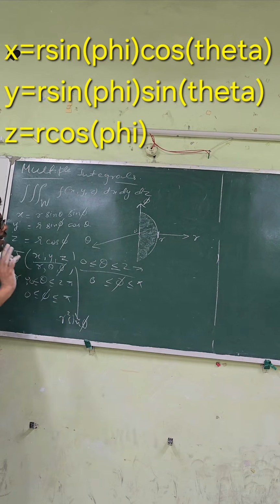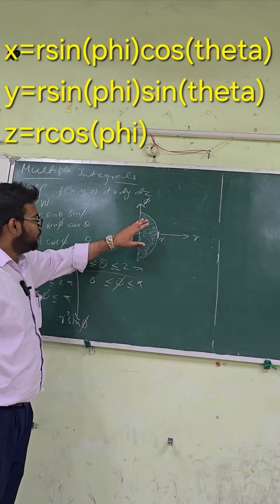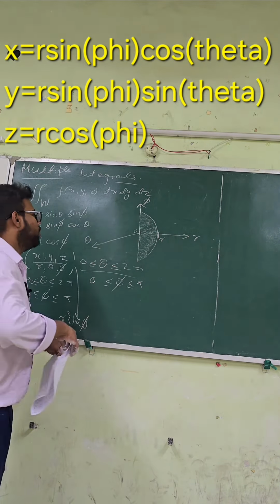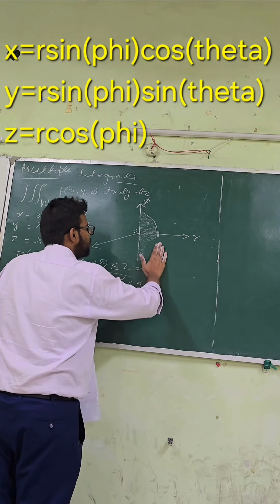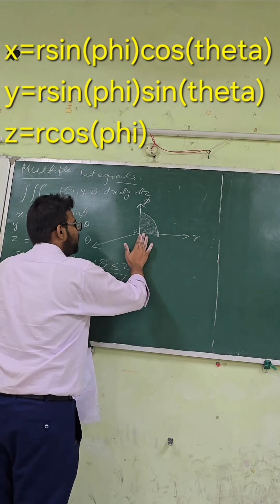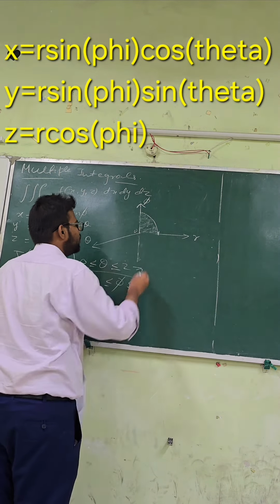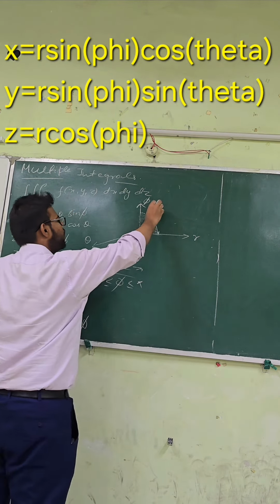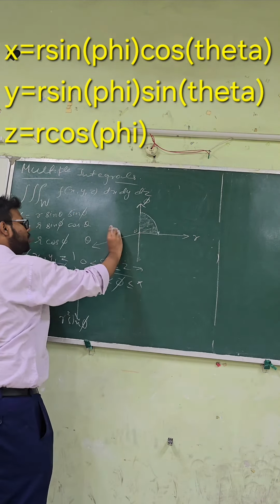Notice that if it is asked to calculate in the first quadrant, we will erase this part and it will be left like this. So for one quadrant we go from here to here.